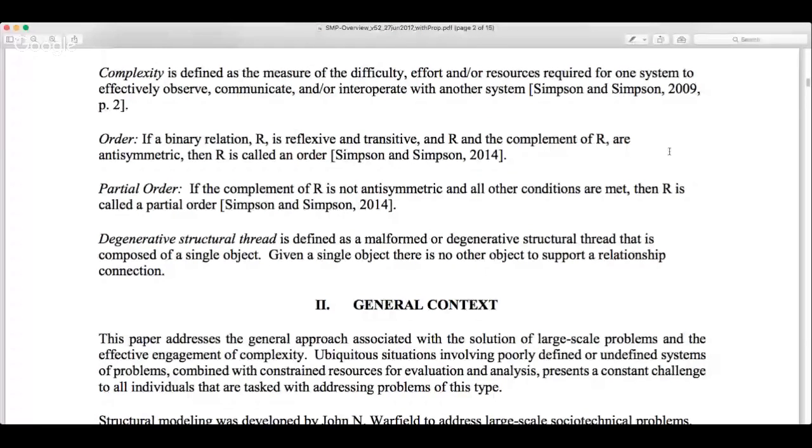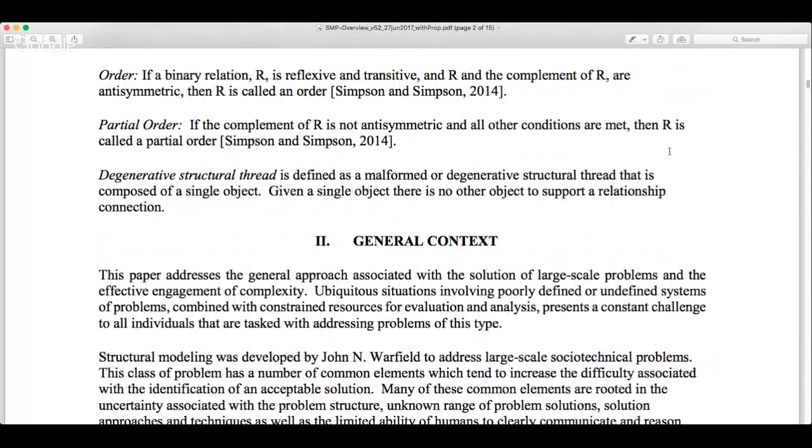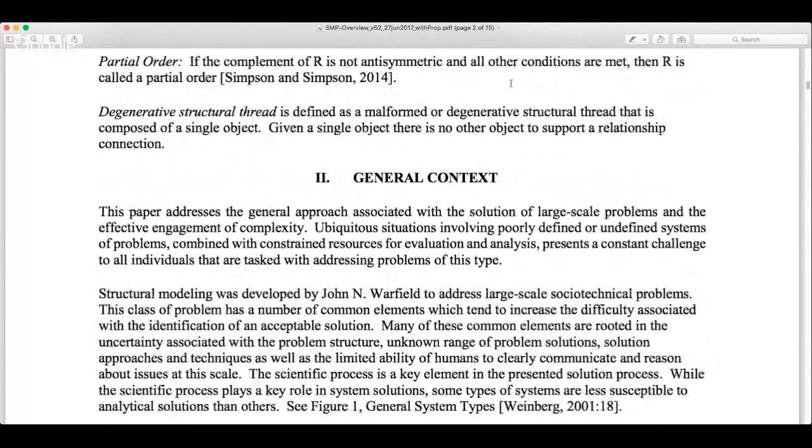So that's a degenerative type of structural thread. These concepts are being developed out of the work we're doing with the graphic analysis. There are a couple other aspects that we'll probably add definitions for as we go forward, but for right now, this is where we are.